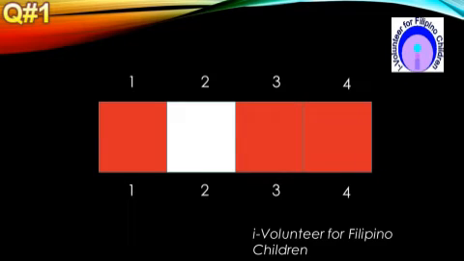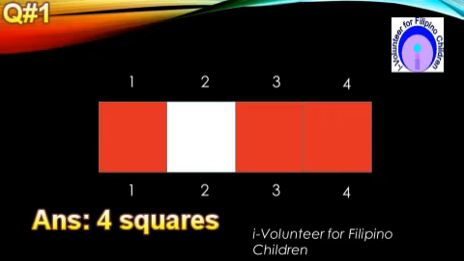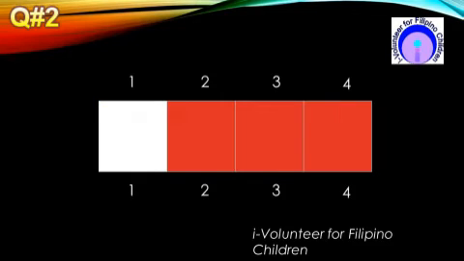Question number 1. How many squares can you see? The answer is 4 squares. Number 2. How many squares can you see?